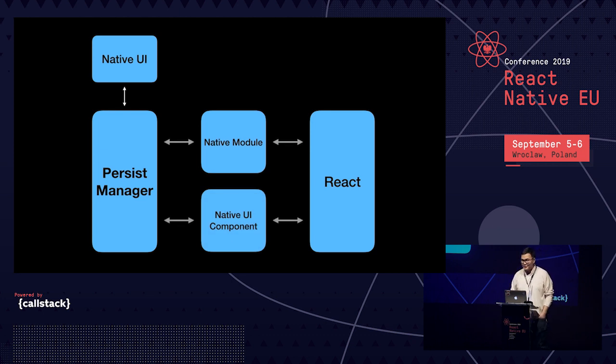So we've got the same architecture. Instead of trying to keep the JS realm in sync with the native world, we just implemented a native UI component that keeps in sync only what is shown on the screen.